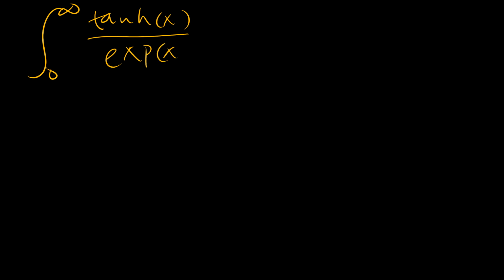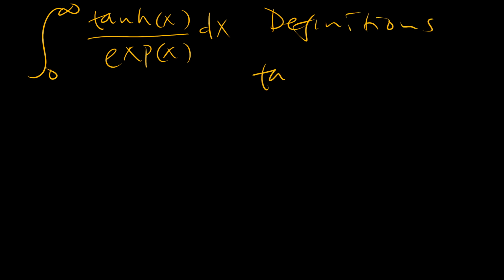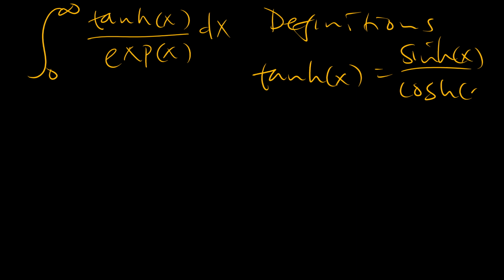Okay, so 0 to x tending to infinity of the hyperbolic tangent of x over e to the power x. So some definitions. Hyperbolic tangent of x equals hyperbolic sine of x over the hyperbolic cosine of x.